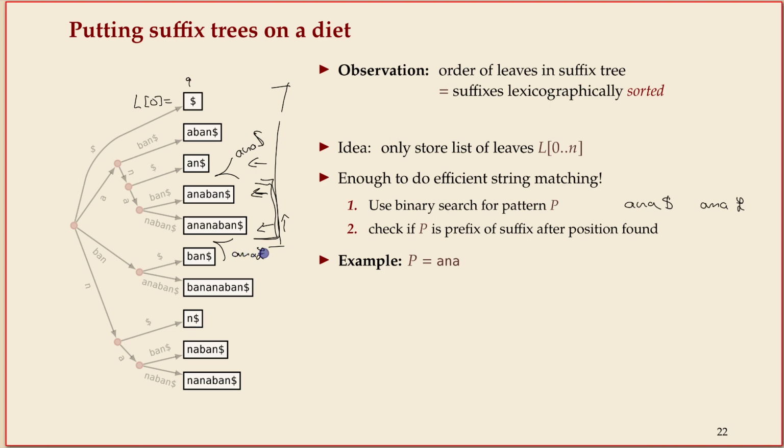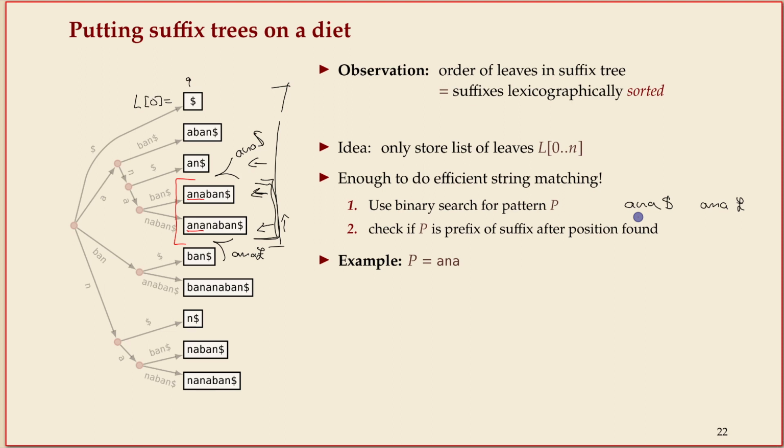What does that mean? It means all the words that start with Anna are between those two positions. And if I look in my array, what the numbers there are in this L array, it would be the starting indices of these suffixes, which is nothing but the occurrences, the first index of the occurrence of Anna.